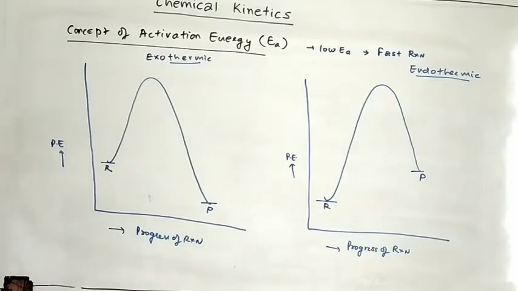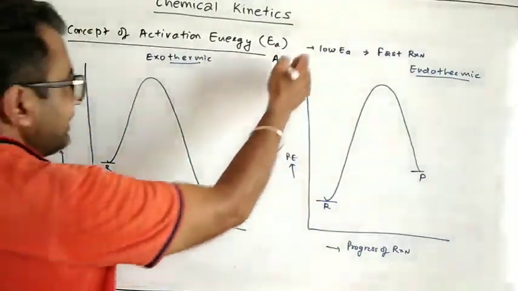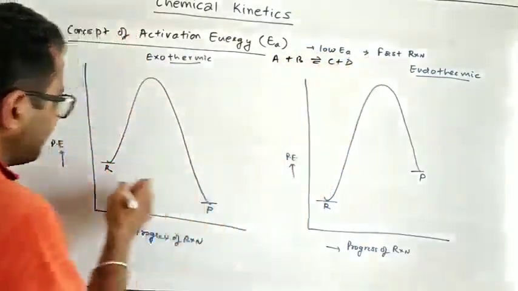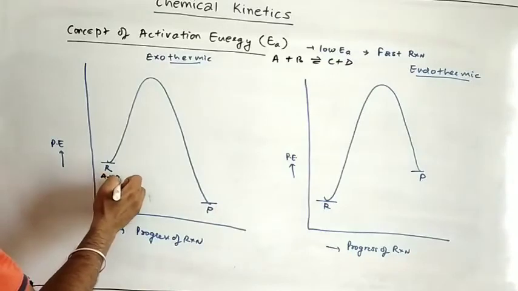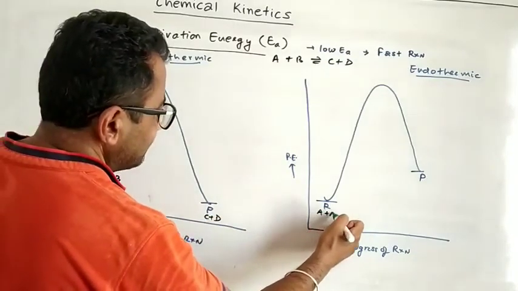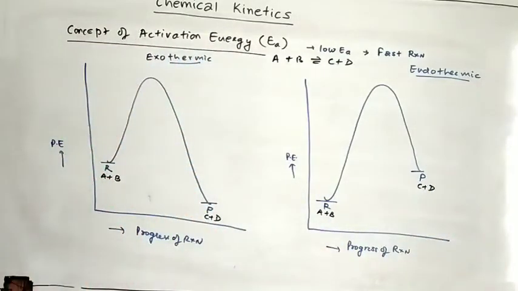Now, where do you find the activation energy? If the reaction proceeds in a reverse manner, like A plus B, C plus D. See, here we have A plus B, and here we have C plus D. Reversible.